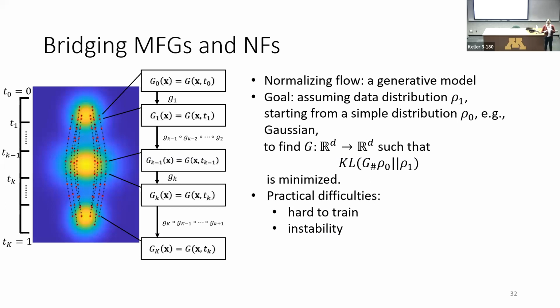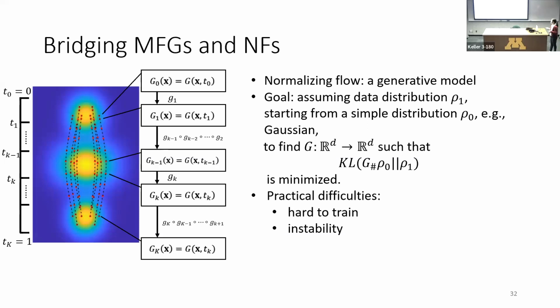Normalizing flow also wants to find the flow of the density to match a simple density to a complicated density. But in practice, people find the normalizing flow is hard to train. You need the depth of the neural network to be very high if you want a better result, and this may impose some computational difficulty.